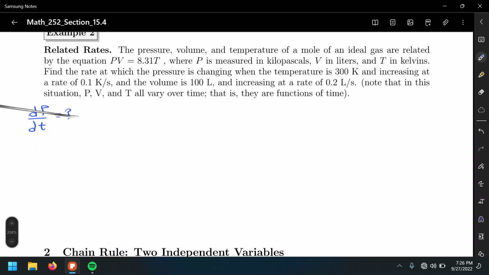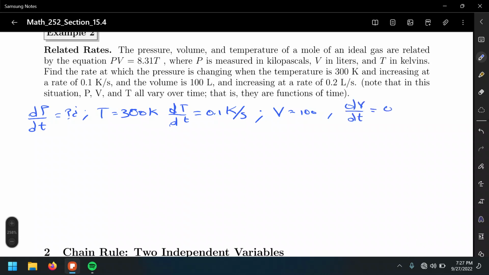So that's the question. And then the temperature is 300 Kelvin, and the temperature is changing with respect to time at a rate of 0.1 Kelvin per second. Also, we have a volume of 100 liters with the volume changing with respect to time at 0.2 liters per second.